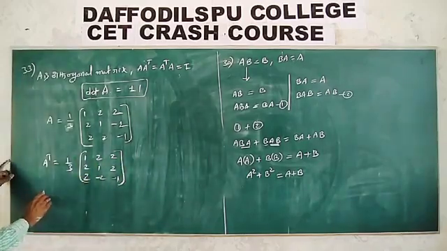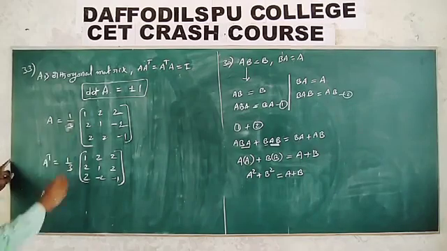A into A transpose: 1 by 3 times 1 by 3 is 1 by 9 here.